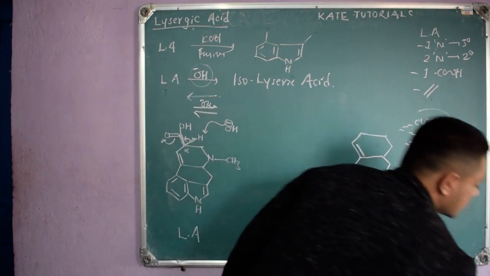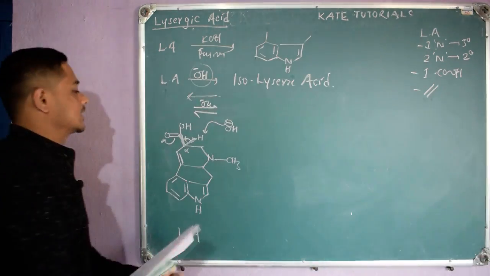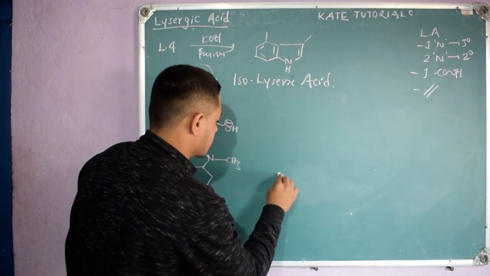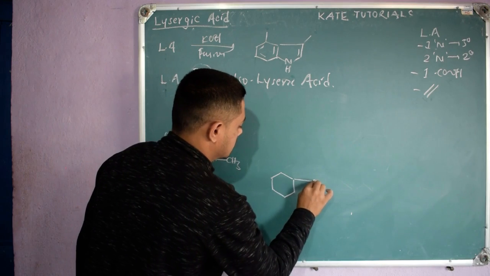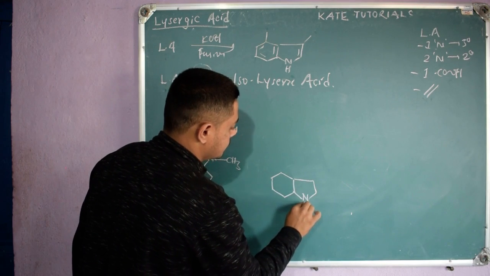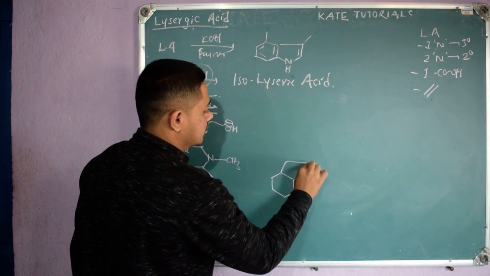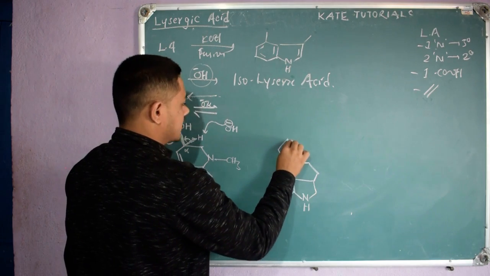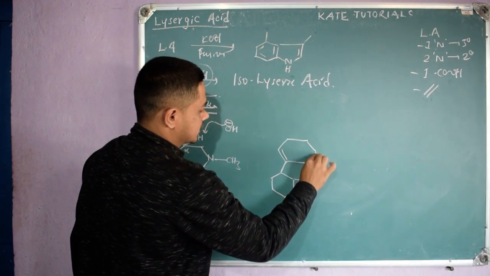So what will we get? We will get this thing. Now I placed the COOH group and the NH2 group here only because of this reaction. Every time I should not draw all those things, otherwise it becomes confusing. Just see the structure now.